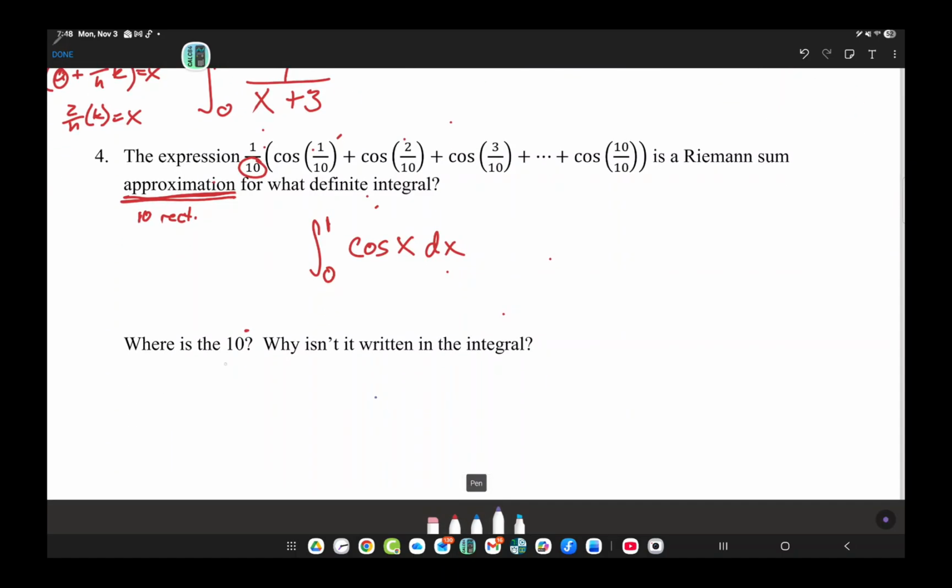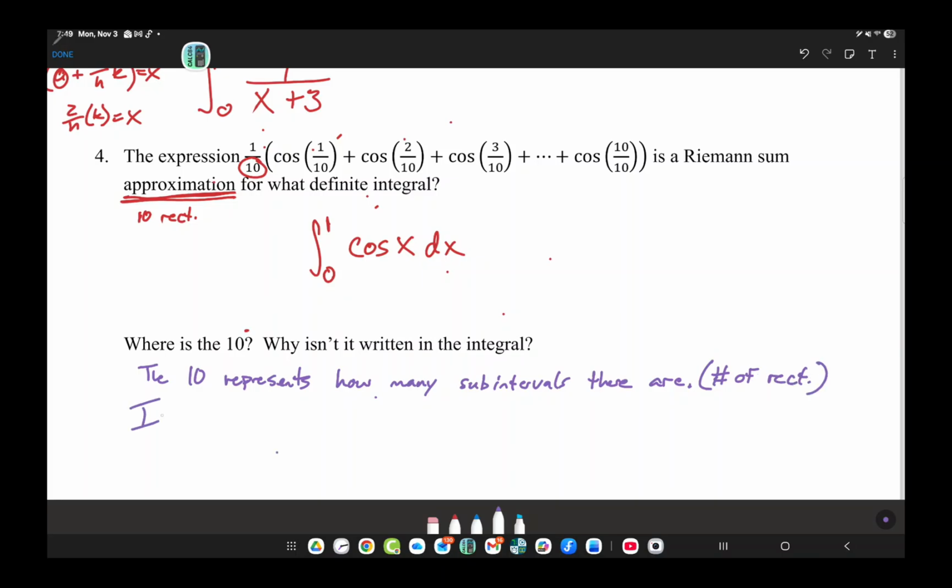Like I said, the 10 represents how many subintervals there are. Okay. Again, number of rectangles. It has nothing to do with the function.